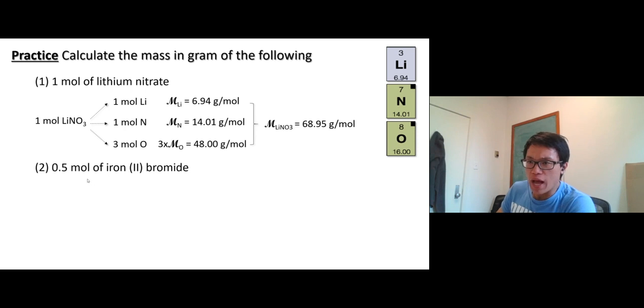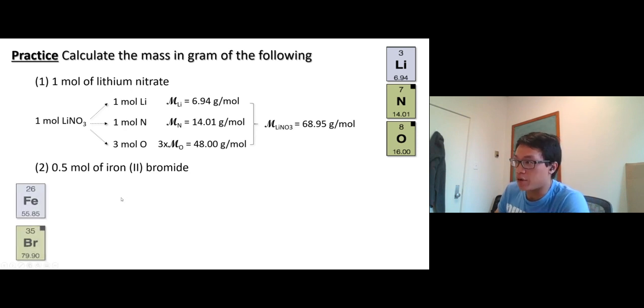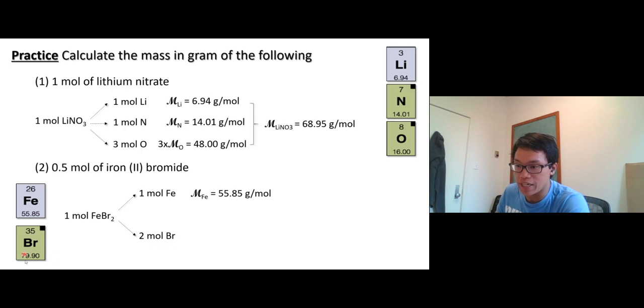Now the next one, 0.5 mole of iron(II) bromide. Of course there's iron and bromine in it. To make it easy for you, I'm going to calculate the mass of 1 mole of iron(II) bromide, and then whatever I get, I divide by 2. So 1 iron, 2 bromide: 1 mole of iron atoms and 2 moles of bromine atoms. 1 mole of iron weighs 55.85 grams. 1 mole of bromine is 79.90, so double that.